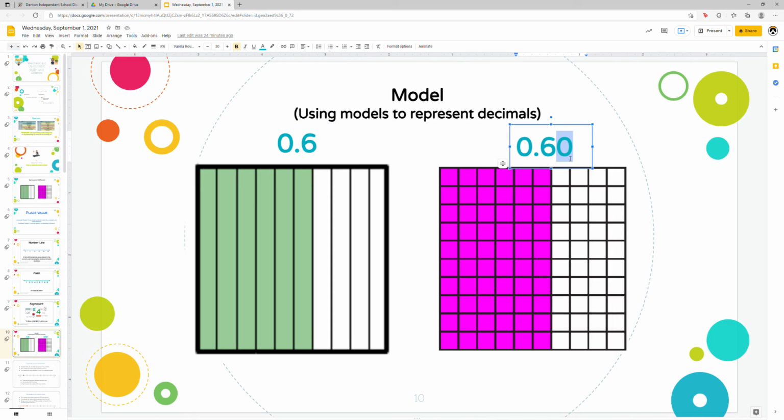This one just happens to have a 0 after. 60 hundredths and 6 tenths are actually the same amount, right? Look at these two models. If they were stacked on top of each other and the same size, they would both have the same amount of area shaded in on both. We do know that a tenth is the same as 10 hundredths, one full vertical column here.